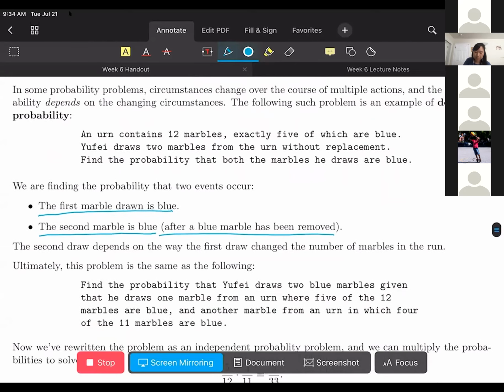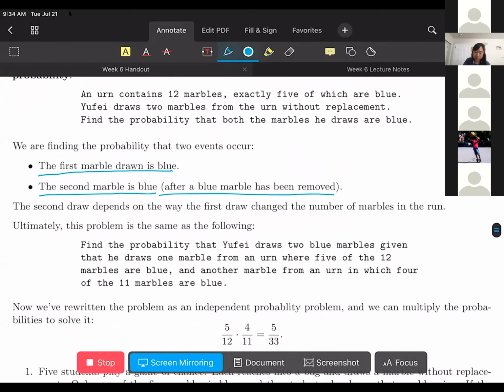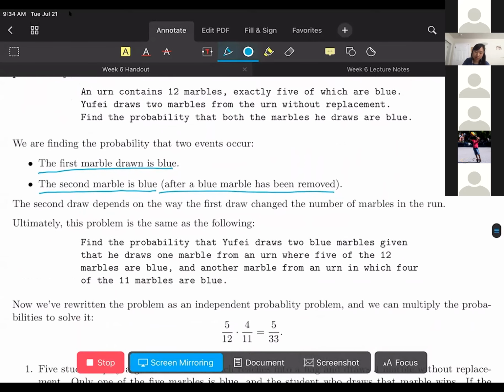Maybe we could rewrite this problem to be a little more explicit. Find the probability that Yufei draws 2 marbles, given that he draws 1 marble from an urn where 5 of the 12 marbles are blue, and another marble from an urn in which 4 of the 11 marbles are blue. If we write it that way, then it's actually an independent probability problem, and we can multiply the probabilities together to solve it.